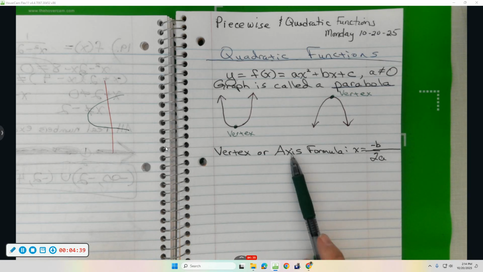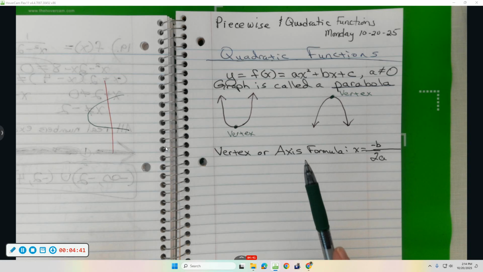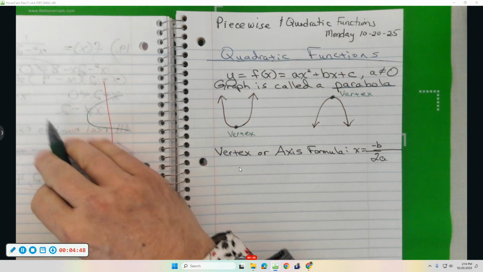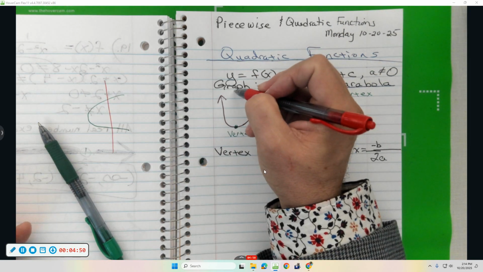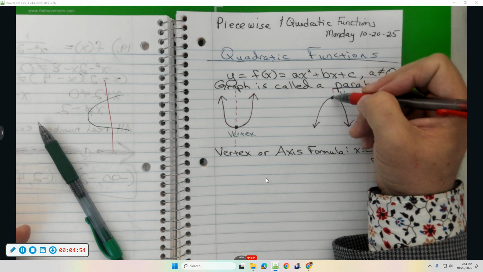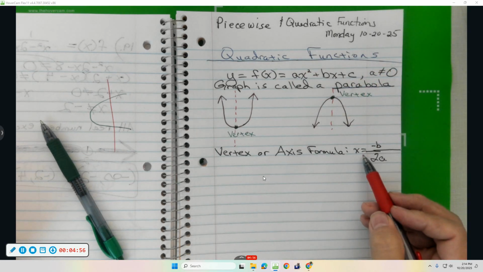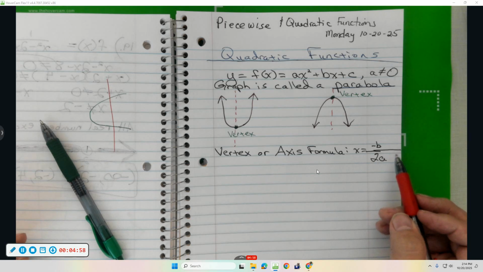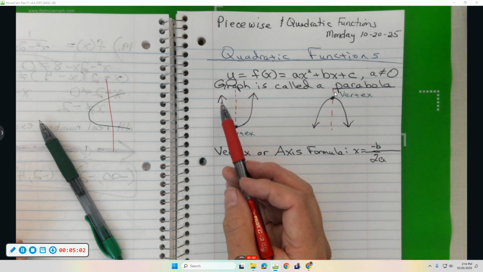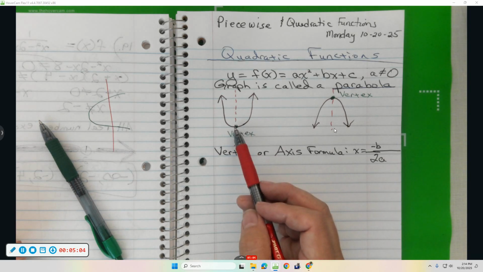I also call it the axis formula because there's an imaginary vertical line passing through the vertex of any parabola. And remember, a vertical line has formula x equals, no y. So this axis, these things are symmetric about that vertical line.